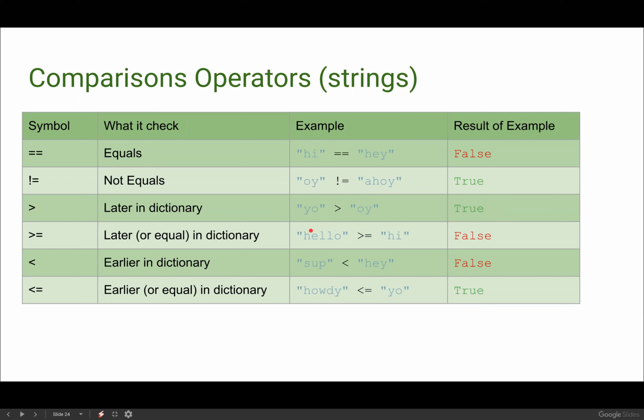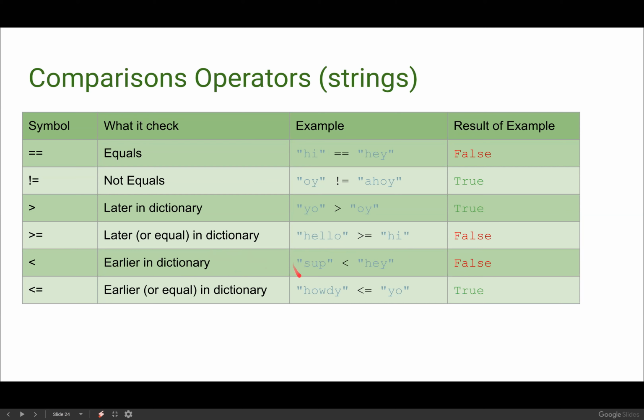And this is going to work exactly how it would if we were sorting alphabetically. So since the first letter of H is the same here, we're going to look at the next letter. And I comes after E. So hello is not greater than or equal to hi. So it's false. Less than, we're going to check if it's earlier in the dictionary.